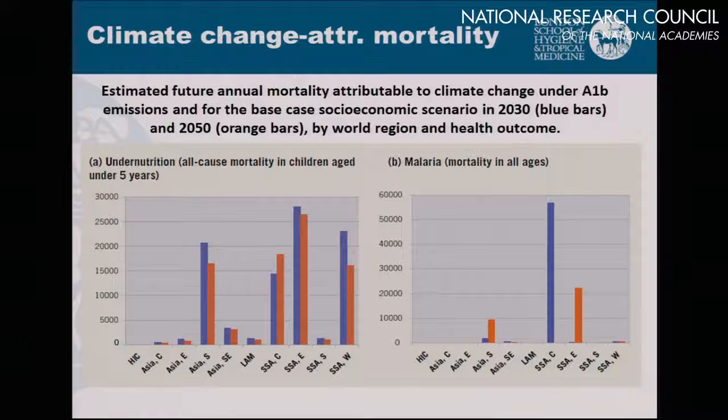You see the same pattern with the diarrheal disease, but the reverse with the more heat-driven outcomes, where they just increase as time goes on. As climate change increases, your heat burdens are increasing, okay? And again, the regional disparity is even more dramatic for malaria. They're not all on the same scale, by the way, so it's important to notice. It's really East Africa that is at risk of malaria increases due to climate change.